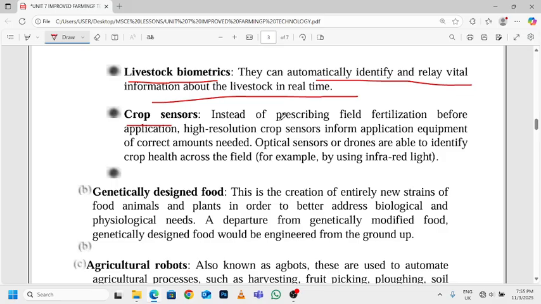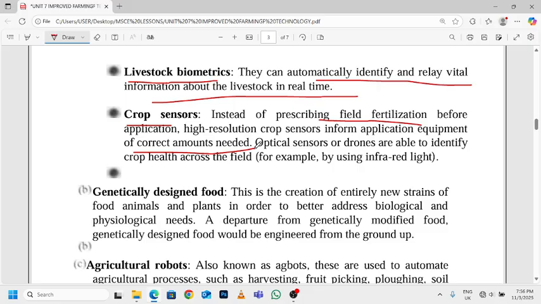As you are applying fertilizer, instead of prescribing the field fertilization, where we have a measure we use to decide how much fertilizer to apply, using bottle tops and the like, you can use the crop sensors, which will inform the application equipment of the correct amounts that are needed. So you want to apply at least a certain amount of fertilizer, in grams. You just set it: when I go to the field to apply fertilizer to the maize, in each hole we want to apply fertilizer, say 10 grams.